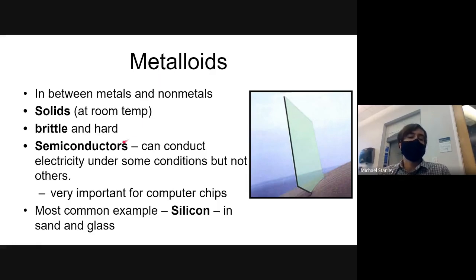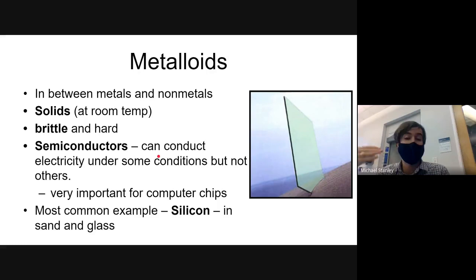Metalloids are kind of good conductors. They're semiconductors. So what I mean by that is that metals will always conduct electricity and heat all day, no matter how they are set up. Metalloids sometimes conduct electricity, but only under certain conditions.